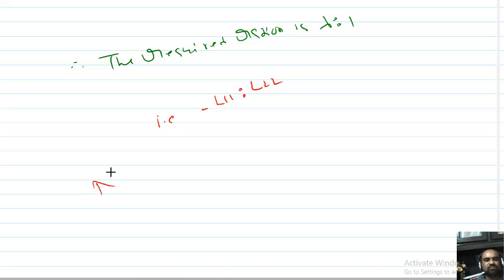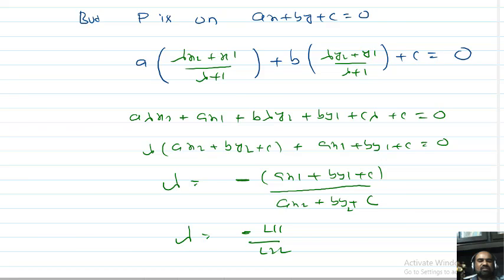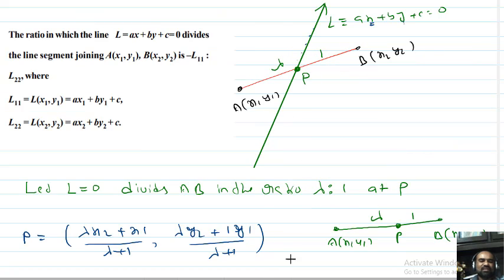Okay, note, important: if minus L11 by L22 is greater than 0, then the division is internal. Division is internal means A and B are on either side of the line.